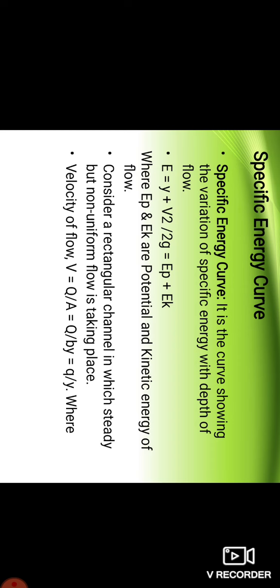Consider a rectangular channel in which a steady but non-uniform flow is taking place. Then the velocity of flow is V equal to Q by A, which can be written as V equal to Q divided by B into Y, breadth into depth, that is equal to q divided by Y. Here Q is the discharge through the channel, B is the width of the channel, Y is the depth of the flow, and small q is the discharge per unit width, which is constant.